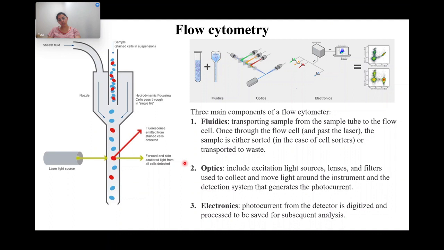COPI is responsible for getting the vesicles from the Golgi to the endoplasmic reticulum, while COPII is responsible for getting the vesicles from the endoplasmic reticulum to the Golgi apparatus. So that's how you determine the direction of the movement in such a trafficking system.